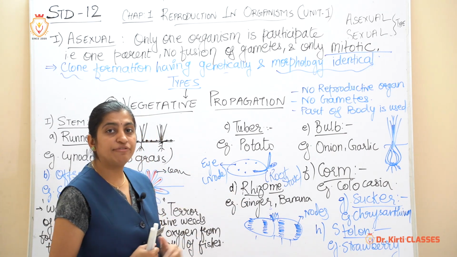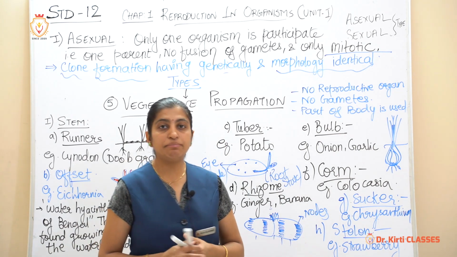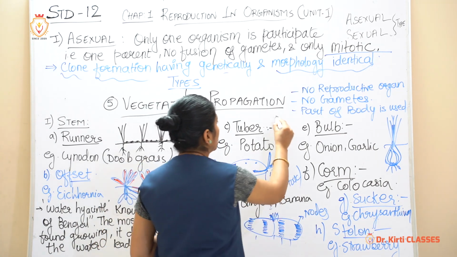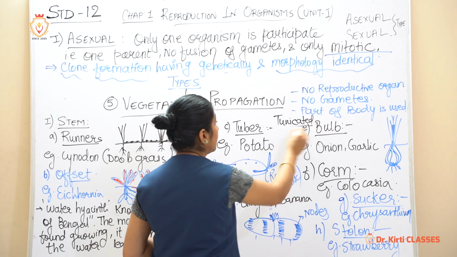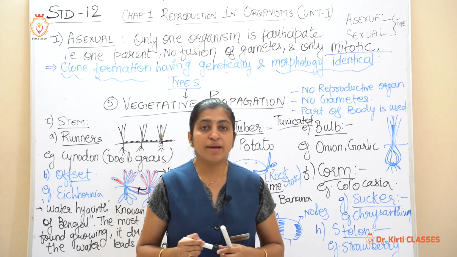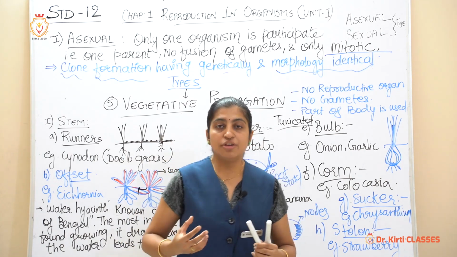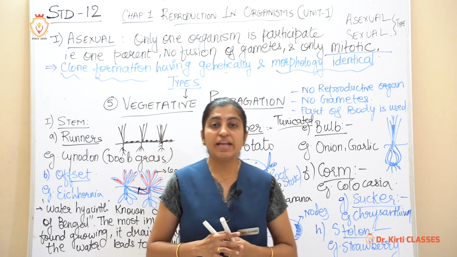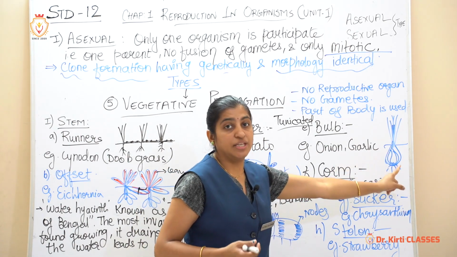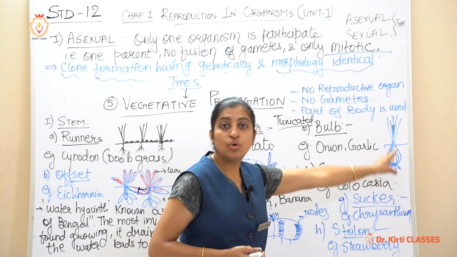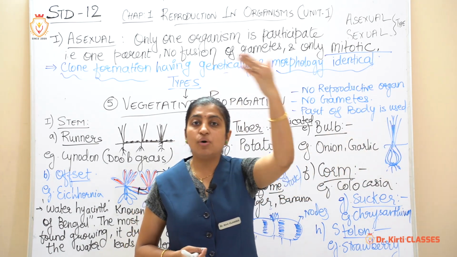Next, number 5, that is a bulb. If you remember the tunicated bulb, the word tunicated means a layer. If you remember, the stem gets condensed, a modification of leaf, for storage of food. The stem becomes condensed and takes a disc shape, and there is formation of adventitious roots. The food starts being stored. Scaly leaves are above the ground.